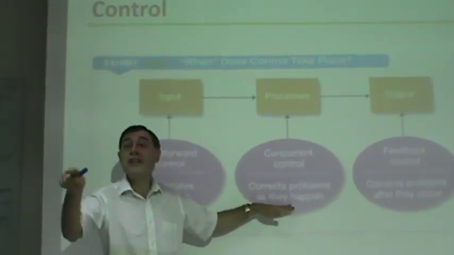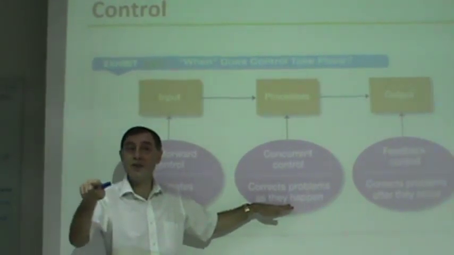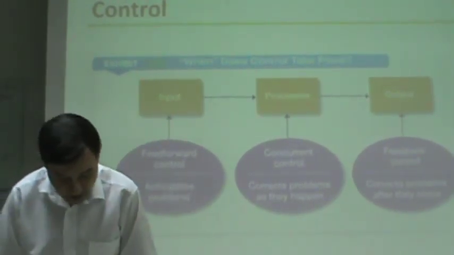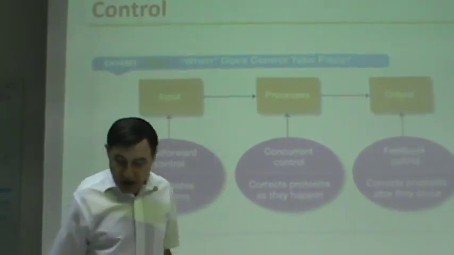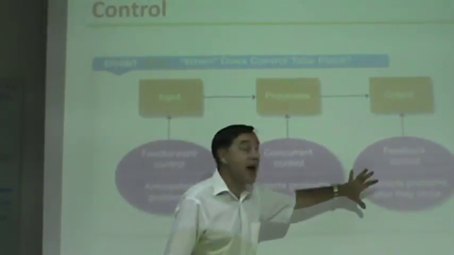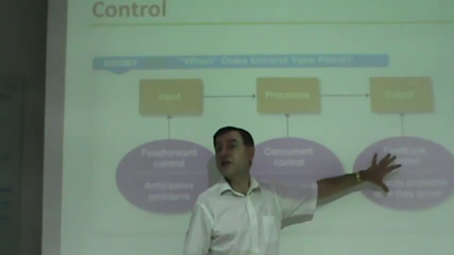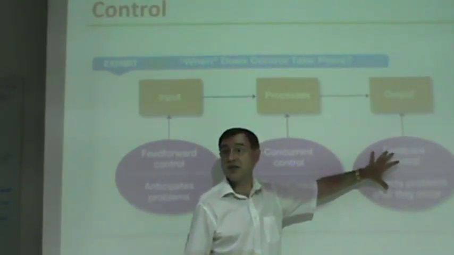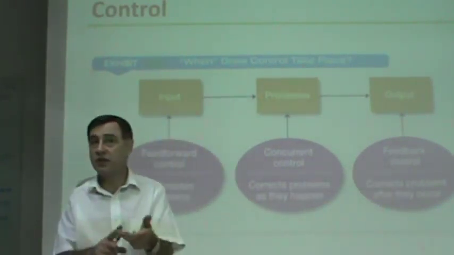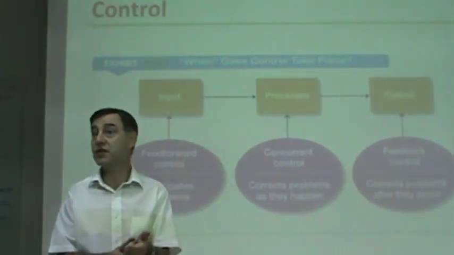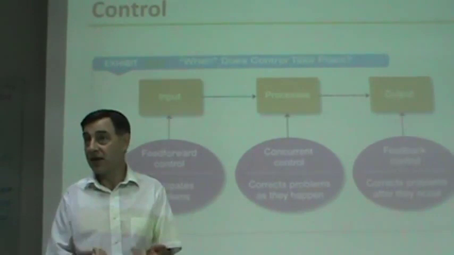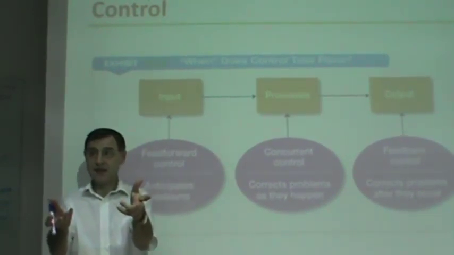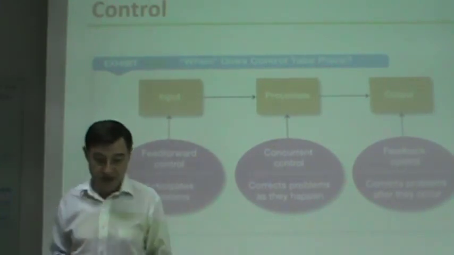Here, you need to directly observe what's happening, direct supervision over here. And here, you need to have good statistical information. Here, you see what the problems are with statistical information, and you say, okay, we need to fix this, we need to fix this, we need to fix this, okay?